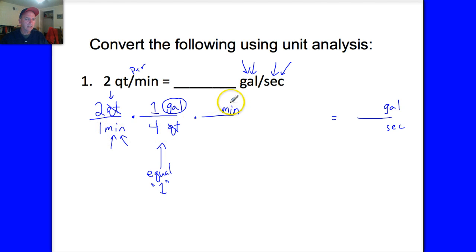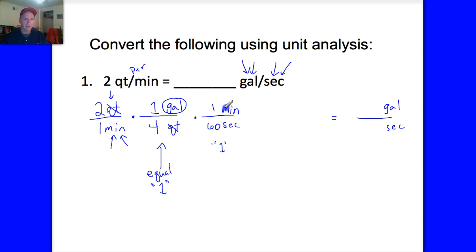So if I have minutes here, I'd like to have seconds here if I have a conversion factor of minutes and seconds. Do I? Yes, we do. We know that 1 minute is equal to 60 seconds. So again, that represents the number 1.